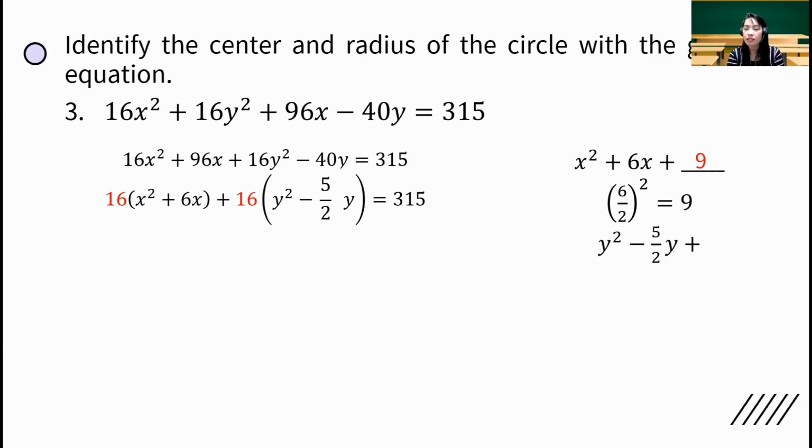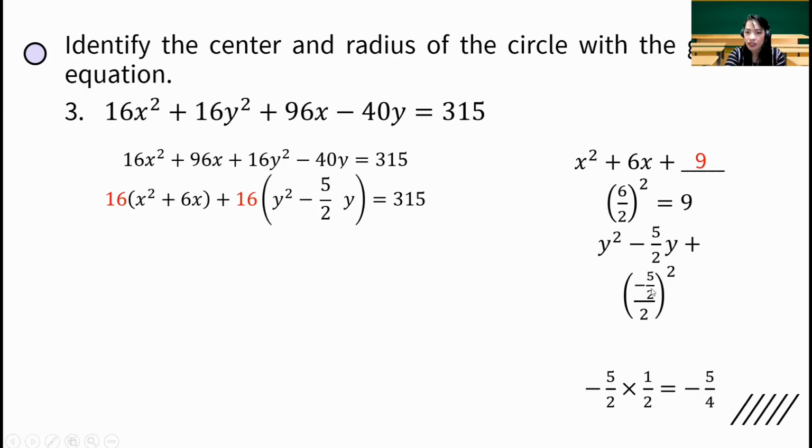To complete the square in terms of y, we have to get the constant of y. So you have to get the coefficient of y, that is negative 5 halves, divide that by 2, and then square it. So in the numerator or in the dividend, we have negative 5 halves and the divisor is 2. Operations on fraction.